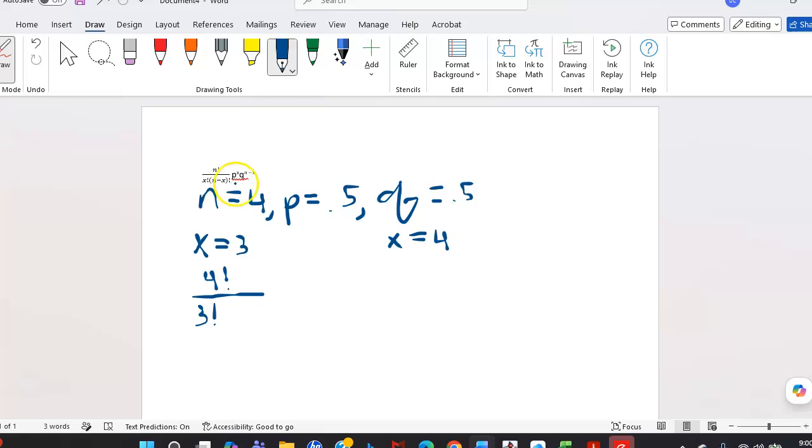And then n minus x will be 4 minus 3, or 1 factorial, which is really just 1. And then we want p, 0.5, to the x power, which is 3 in this case, and q, 0.5, to the n minus x, or 4 minus 3, or first power.